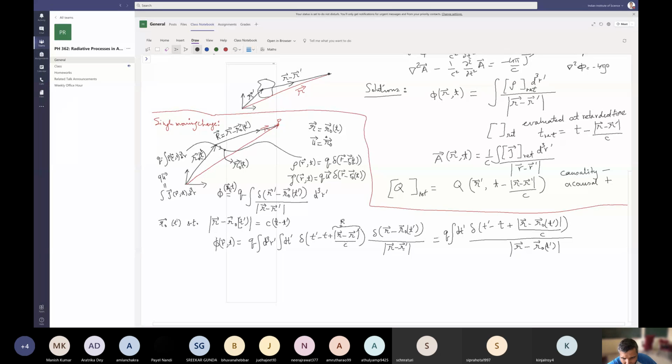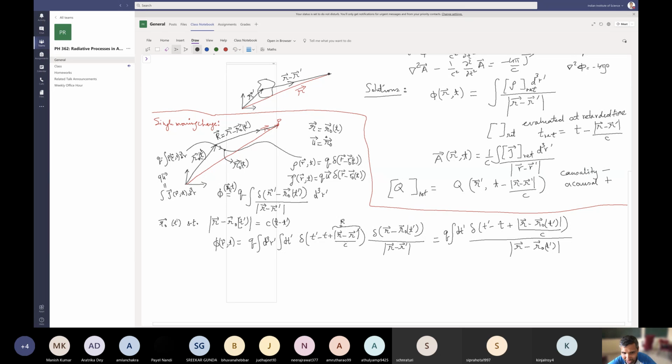This one and this one, that's it. But my r prime is evaluated because of this delta function at r naught t prime.